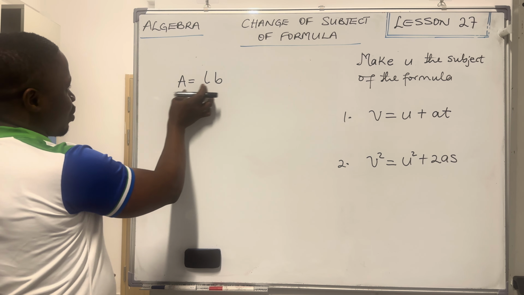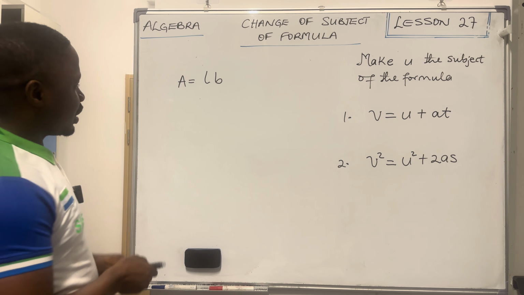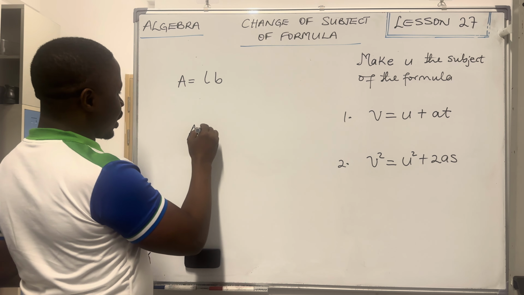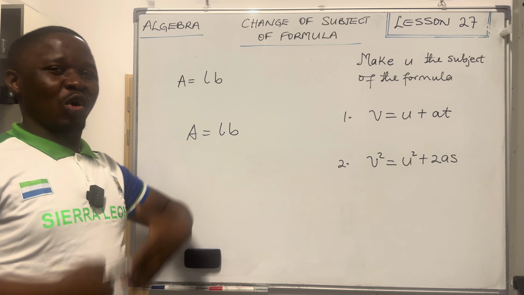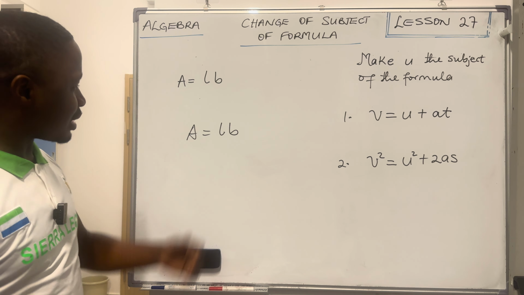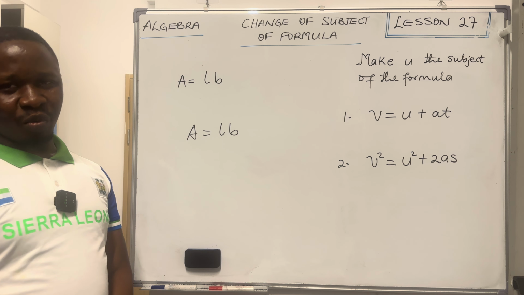Now we have A equal to LB. We want B to become the subject instead of A.